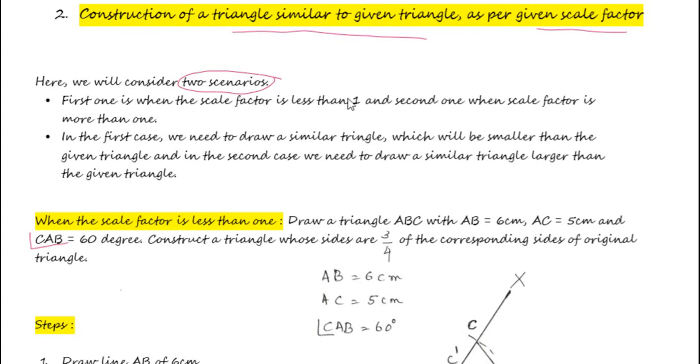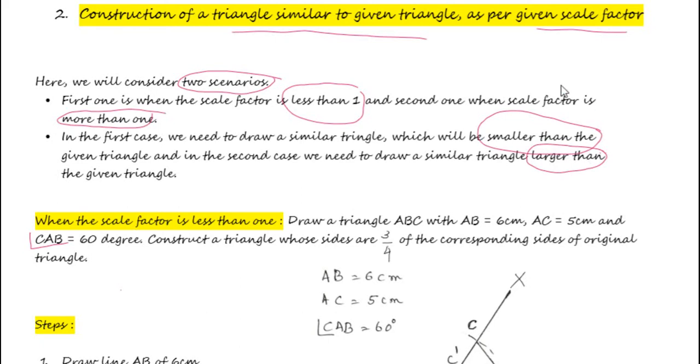Given scale factor can be less than 1 or the scale factor can be more than 1. That means the similar triangle that we are going to construct, in the first case it will be smaller than the given triangle. When the scale factor is more than 1, the similar triangle we are going to construct will be larger than the given triangle.